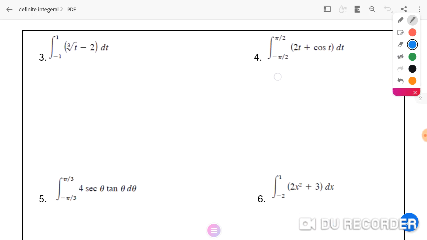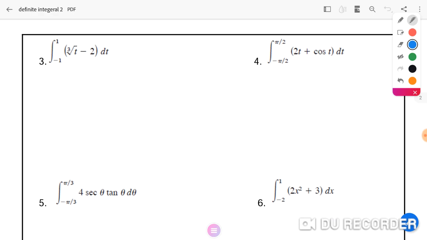Look here, let's solve this kind of exercise. Okay. Here for this problem, I told you before, sometimes the function is not given in the form to apply the rule of integration, or it is not ready for the integration.